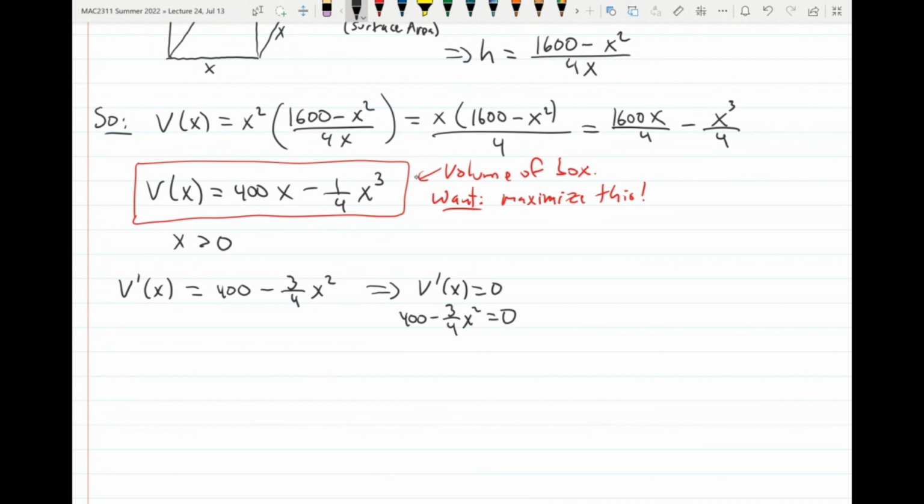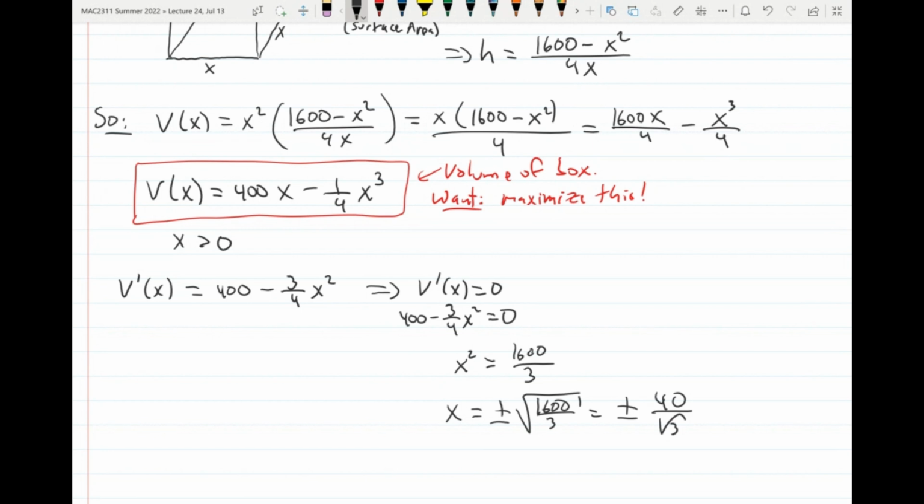Okay? All right, so that means that x squared is going to be 1600 divided by 3. And let's take the square root. So x is plus or minus the square root of 1600 divided by 3. That will be plus or minus 40 over the square root of 3.